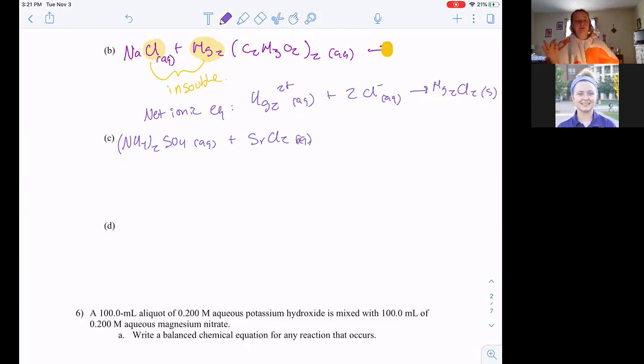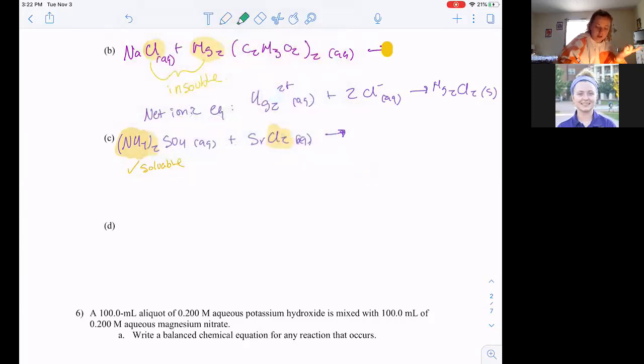Again, I'm going to leave you to do the balancing, but NH4Cl, this and this, is soluble. AgCl is insoluble because compounds containing Cl are normally soluble, but Ag is an exception, just like the last one.